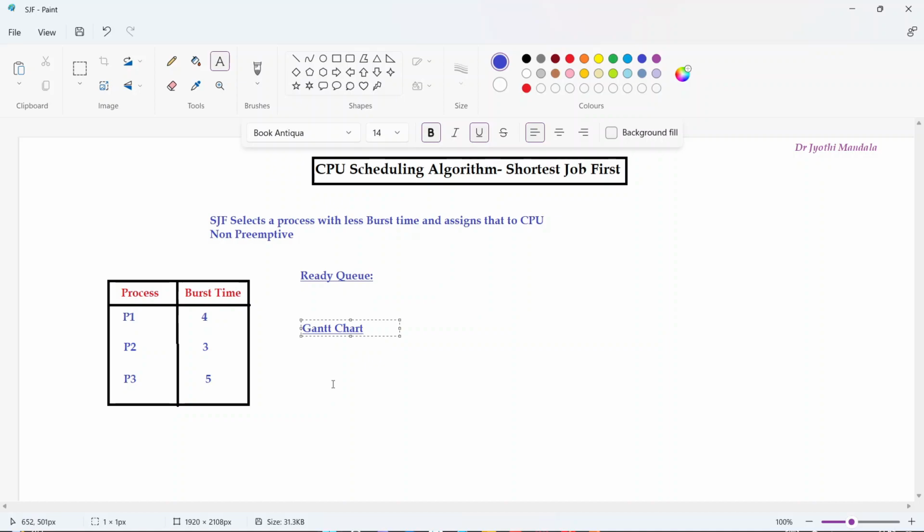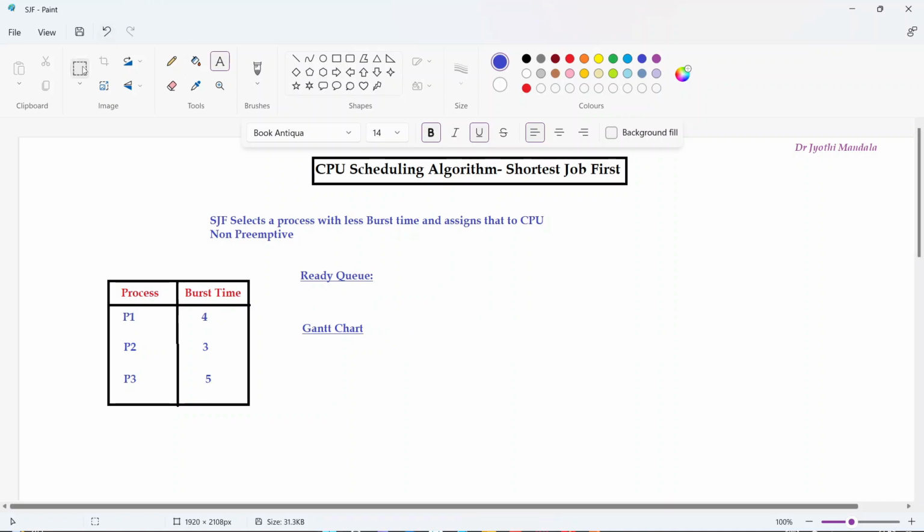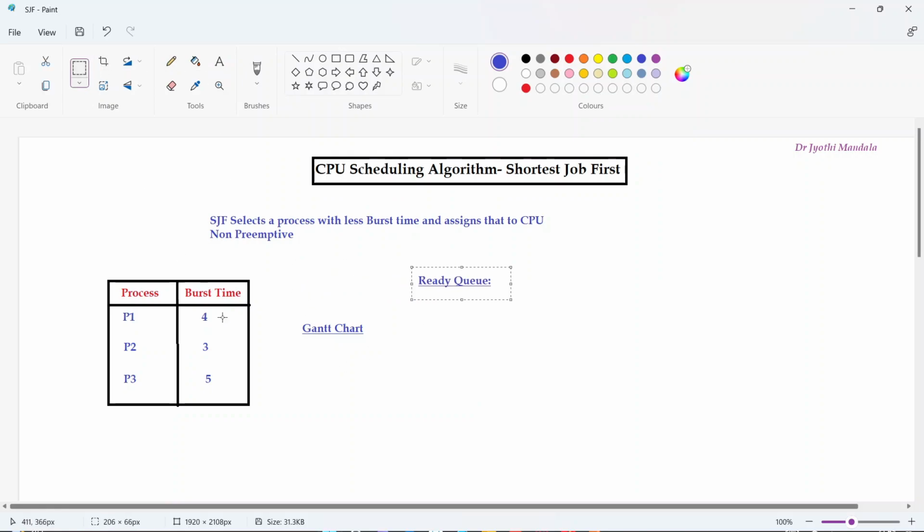Let us first draw the Gantt chart, and later we will fill this table.